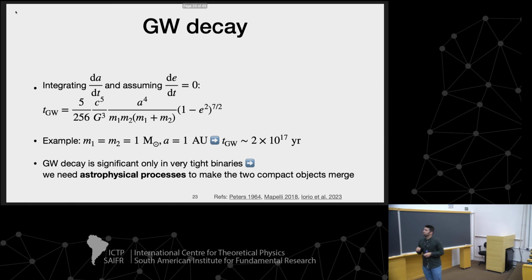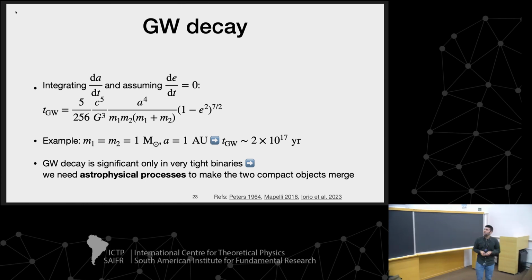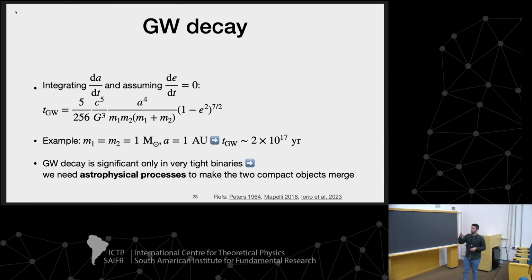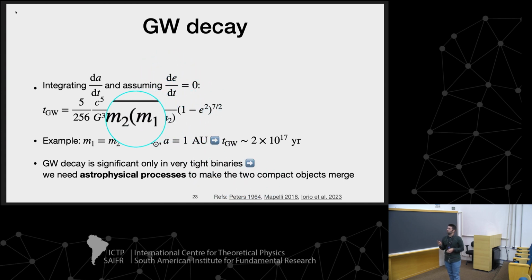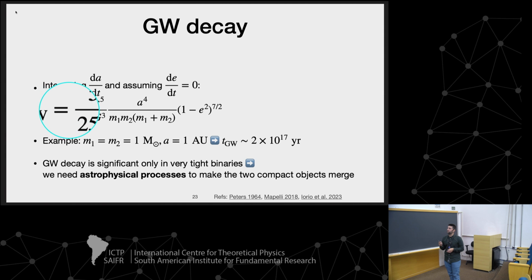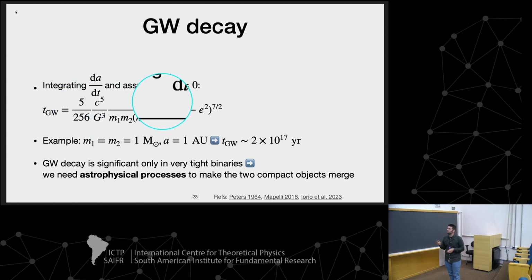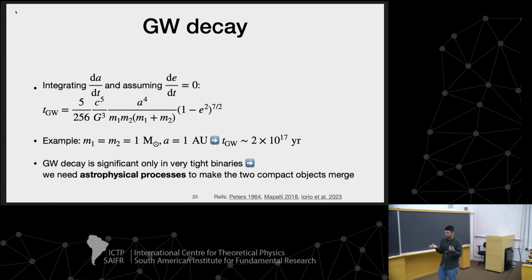Another way to see this is that you can integrate the semi-major axis equation, and if you fix the eccentricity, you can have a closed form of the time needed to emit gravitational waves. It depends on the initial semi-major axis, of course, as I showed you before, and on the masses of the two compact objects: more massive objects have a shorter time to merge.